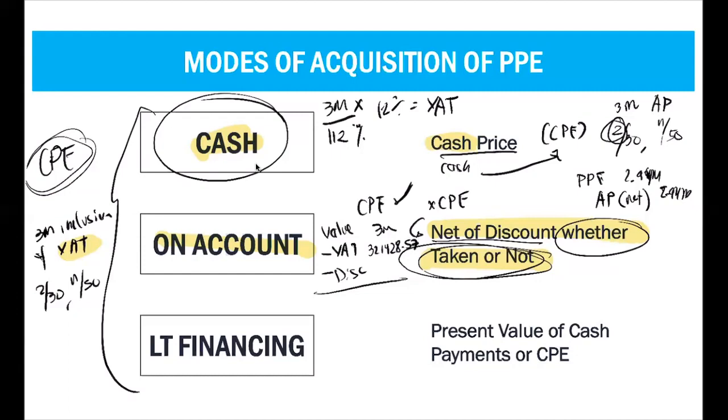Okay? We deduct the VAT. And you get the discount. Magkano yung discount natin? This is equal to 2% of 3 million. So what is the 2% of 3 million? We have 60,000. So yan siya. Okay? So what is the value now of our property?